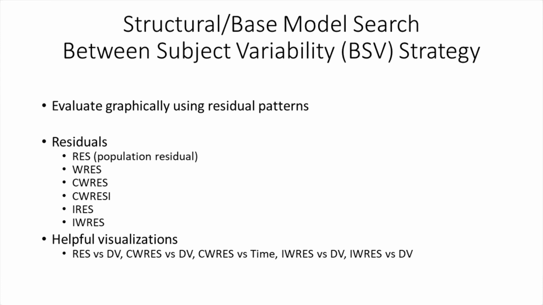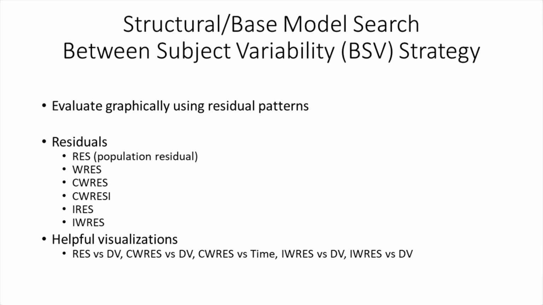So there are various residuals that we want to consider, and you can evaluate graphically using residual patterns. And I'm going to touch on this in a very superficial way. We have the RES residual, which is the population residual, the WRES, which is the weighted population residual. This is only really appropriate for the first order estimation method. The conditional weighted residual, which is appropriate for the first order conditional estimation.